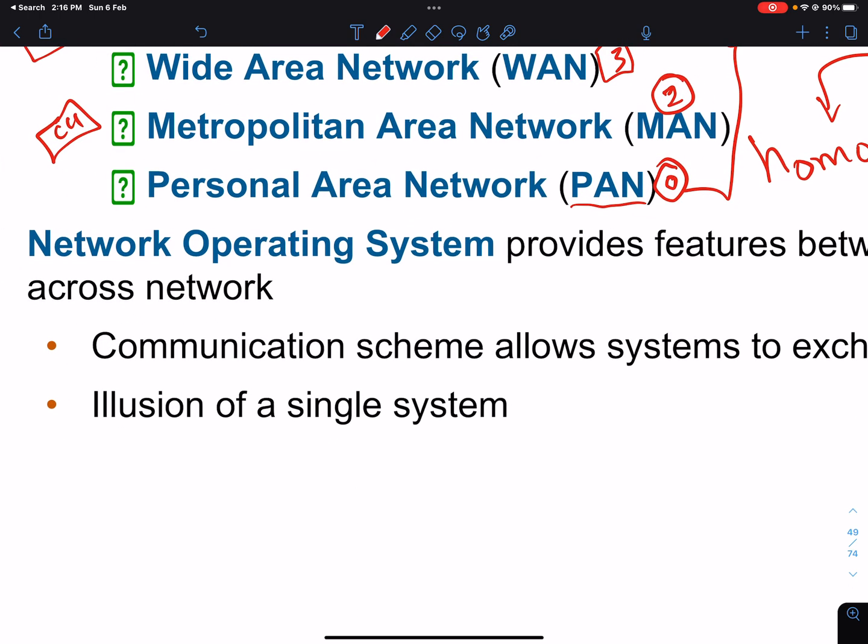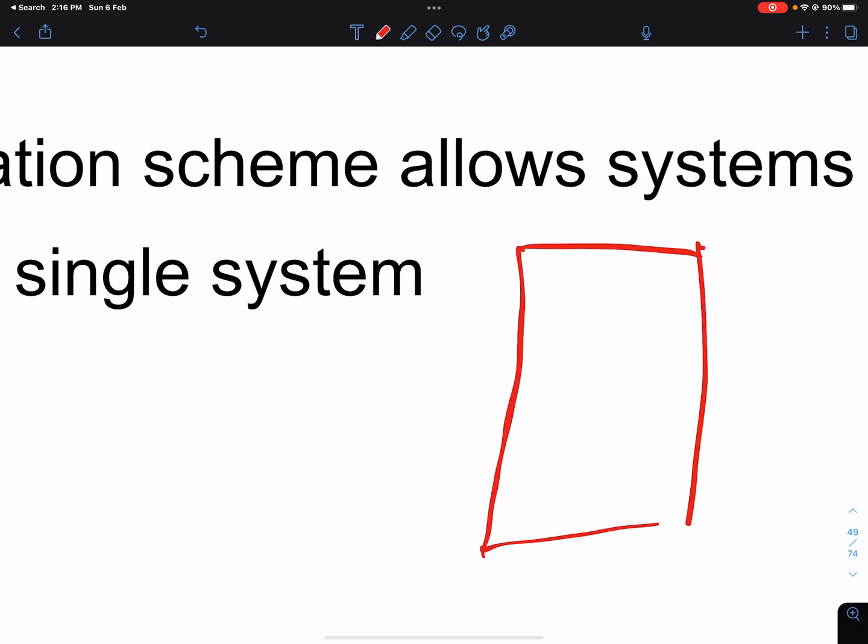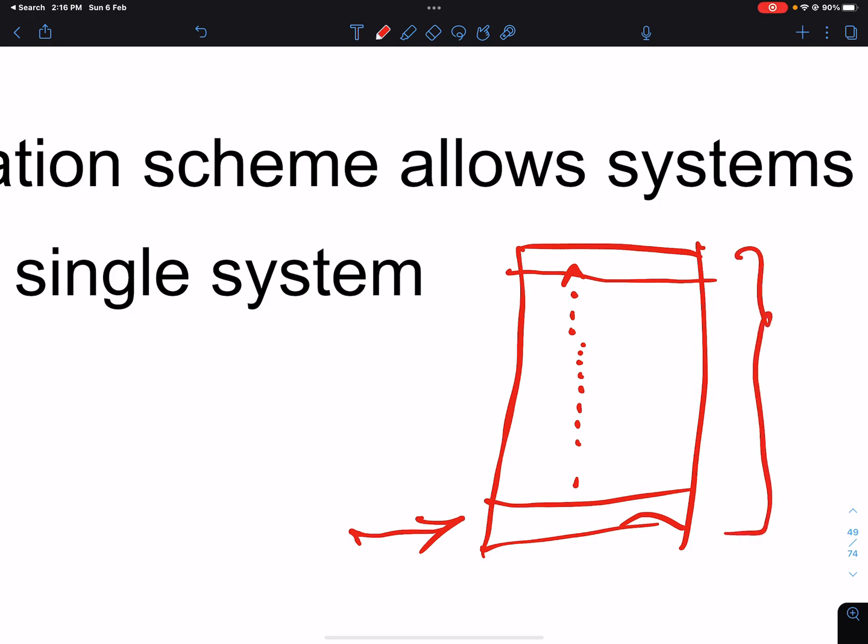Look at this network operating system. What is this? It's the original 7 layers, if you studied networks, from the physical layer all the way to the last layer, which is the application layer.